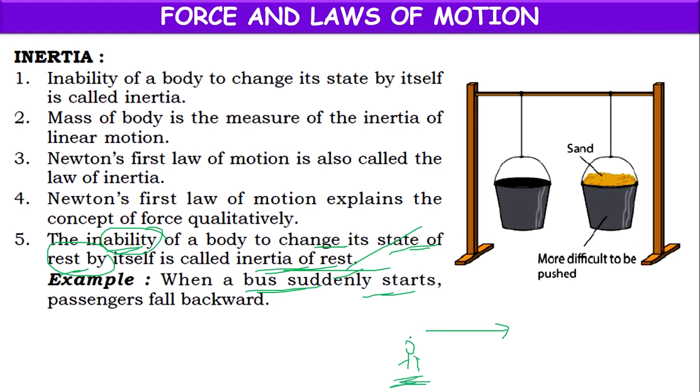So that's why there will be a slight fall backward. If the bus moves suddenly forwards, you may fall slightly backward to keep your state of inertia of rest. That is called inertia of rest.